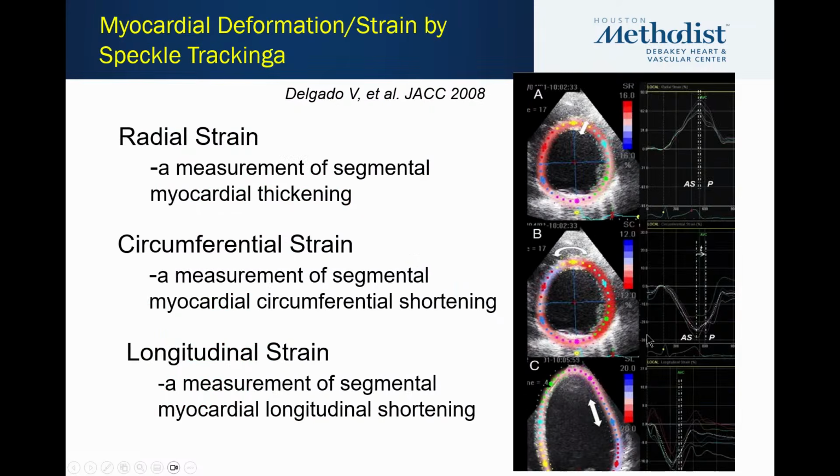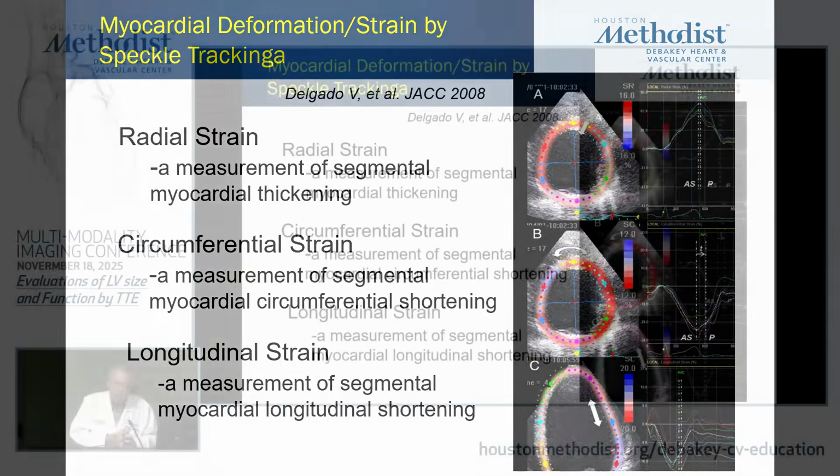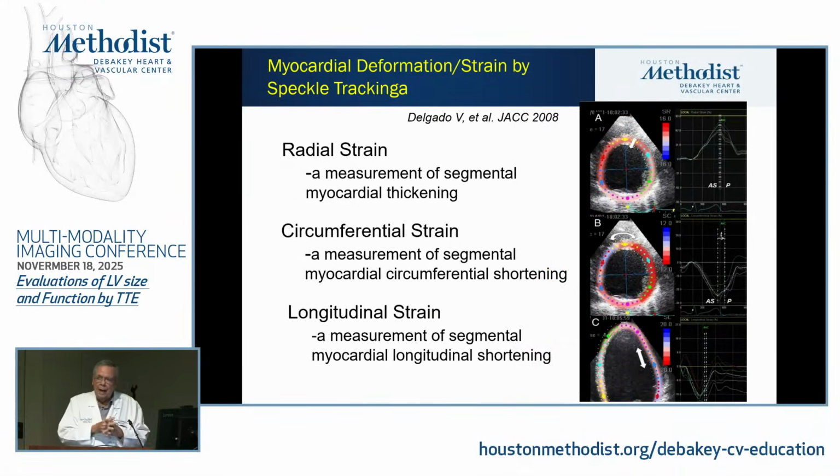And that's why we have these 3 types of strains. But because a lot of studies show that longitudinal strain has a lot more value in detecting subclinical LV dysfunction and helping us do a better prediction of outcomes, right now GLS, global longitudinal strain, is the one that has a lot more emphasis, a lot more publications compared to both radial and circumferential.